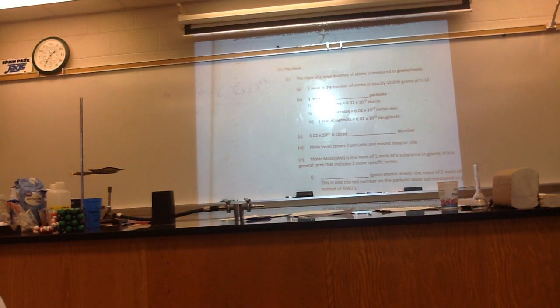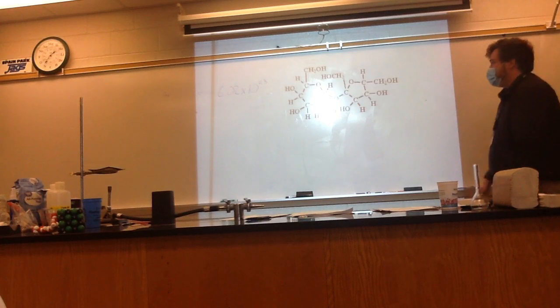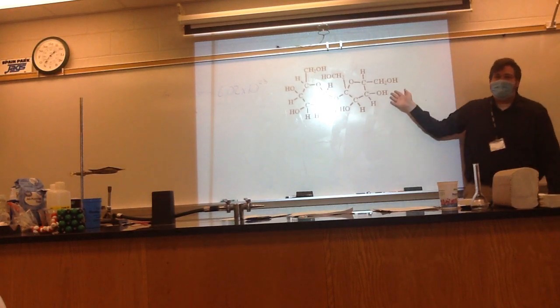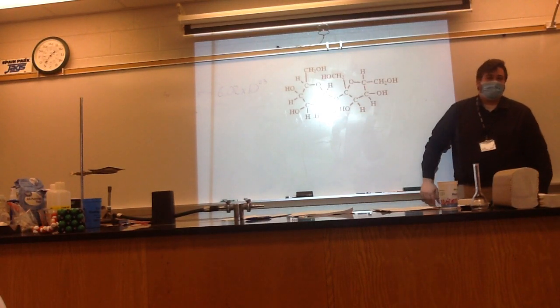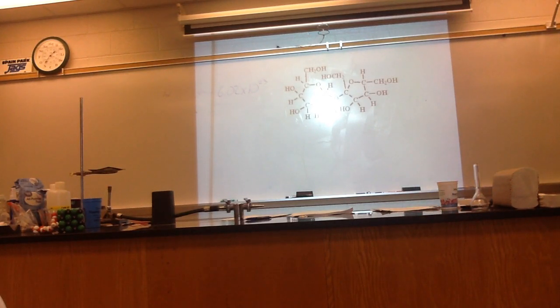Sucrose is essentially 2 glucoses bonded together, so it's a little weird, but this is what table sugar is. This is the structure of sucrose. As you can see, there are a whole lot of different elements bonded together here. So that's why we have way more of this sucrose, because there's just more to it for each separate molecule. Does that make sense?